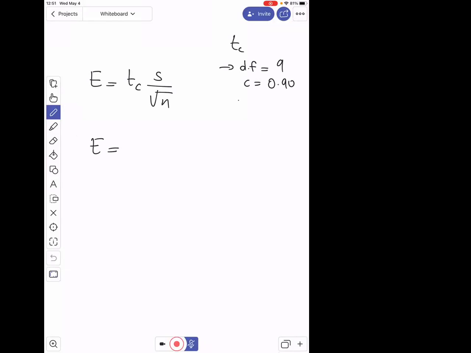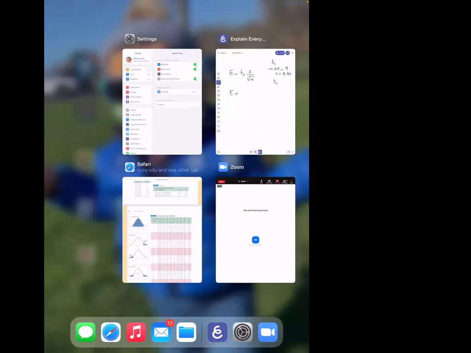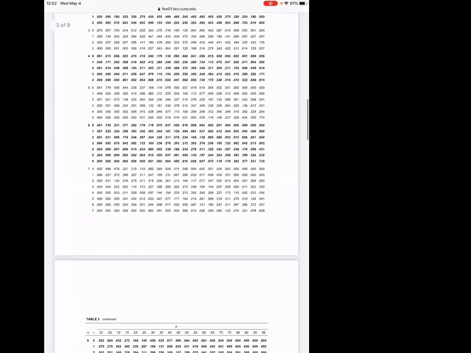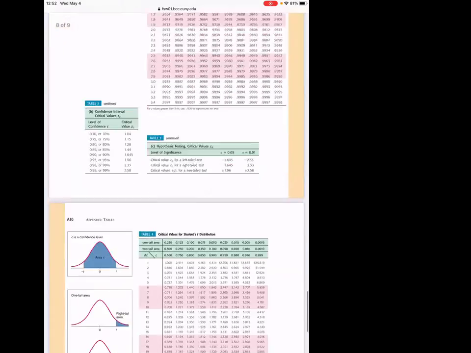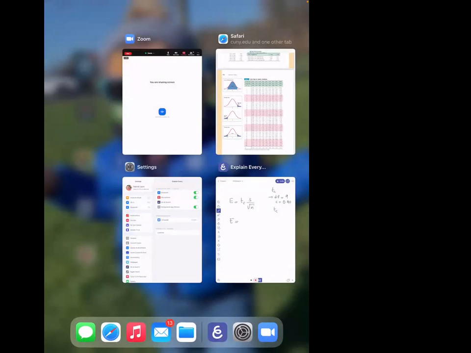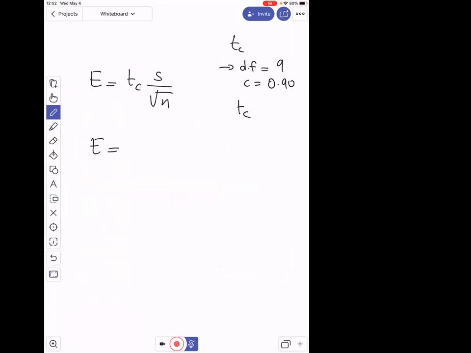So t subscript c would be, from table 4, for 9 and 90%, 1.833. So this is 1.833 times s.